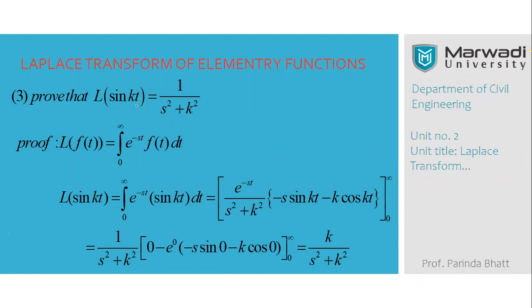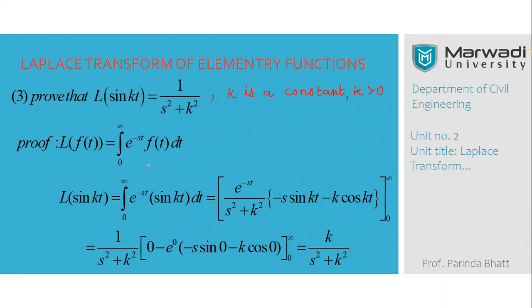Laplace of sine kt. The answer is k upon s square plus k square, where k is a constant as well as k greater than 0, a positive term.